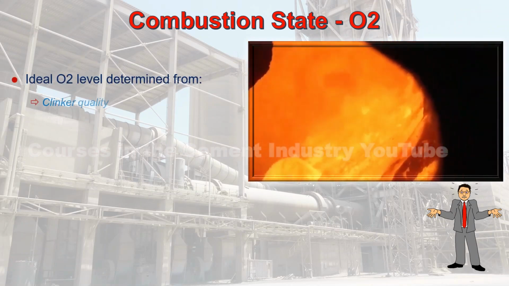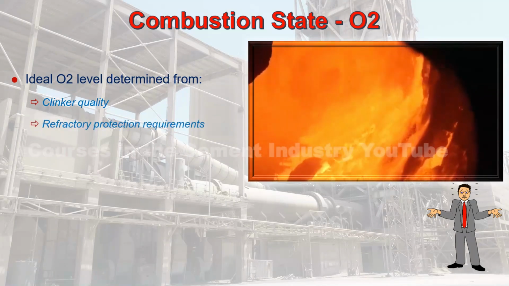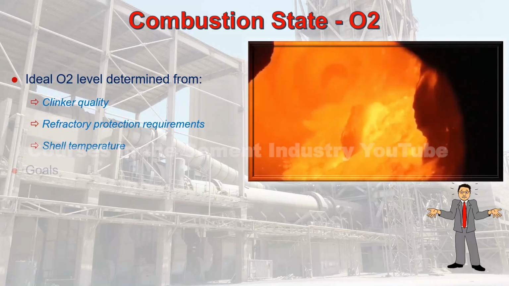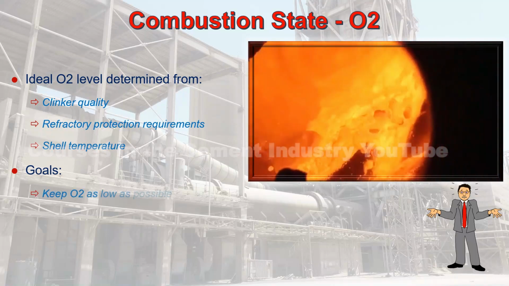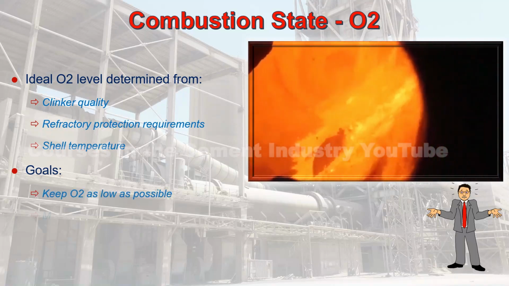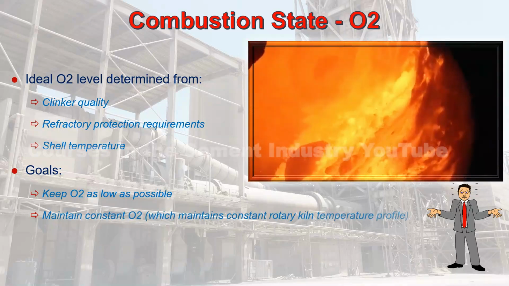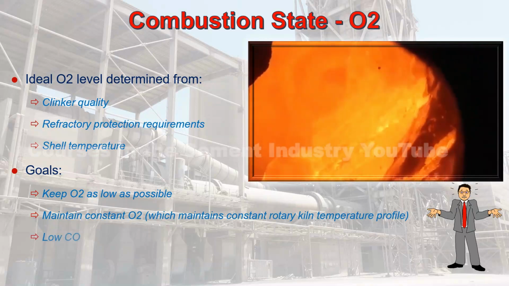Clinker quality. 2. Refractory protection requirements. 3. Shell temperature. Goals: 1. Keep O2 as low as possible. 2. Maintain constant O2, which maintains constant rotary kiln temperature profile. 3. Low CO.